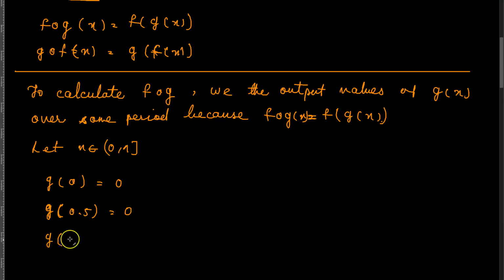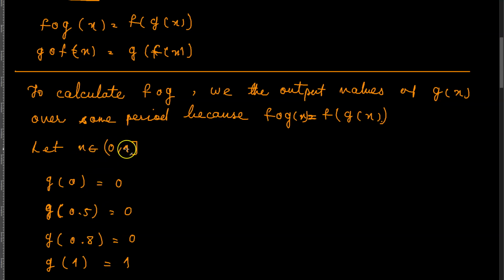If you calculate g of 0.8, that's still equal to 0. And if you calculate g of 1, that's equal to 1, right?